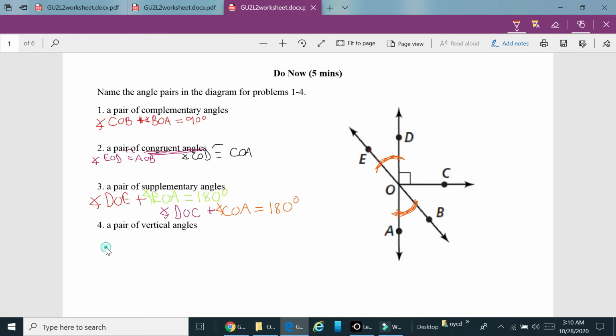So, it's going to be angle EOD and AOB are vertical angles. Yeah, so far so good.